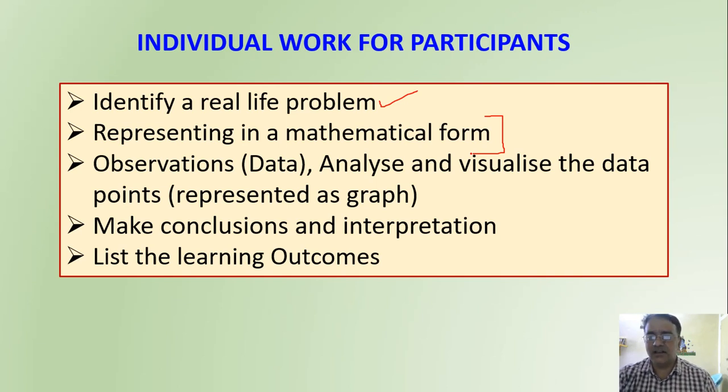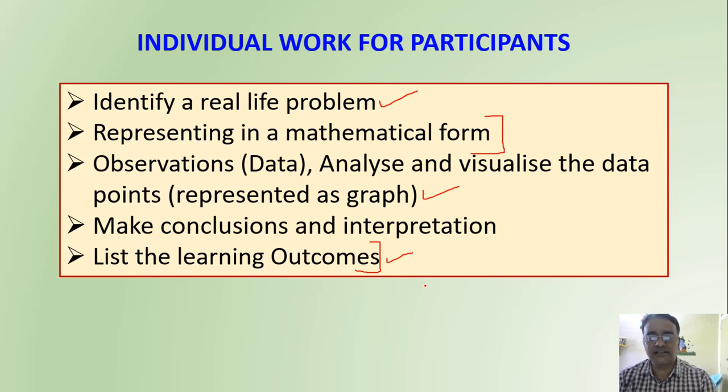Then observations, data, analyze and visualize the data points. You can represent it as a graph also, and then make conclusions and interpretation. After that, list the learning outcomes. We want every participant to complete this task, and after that they have to list the learning outcomes.